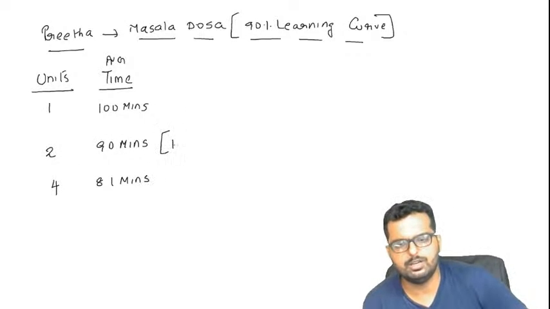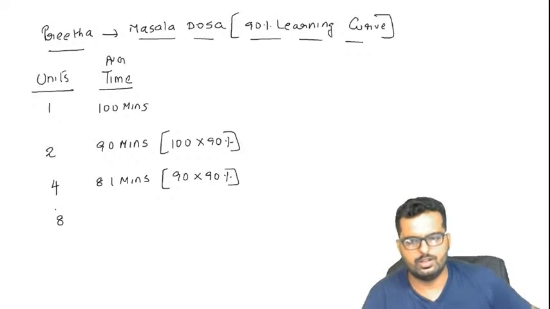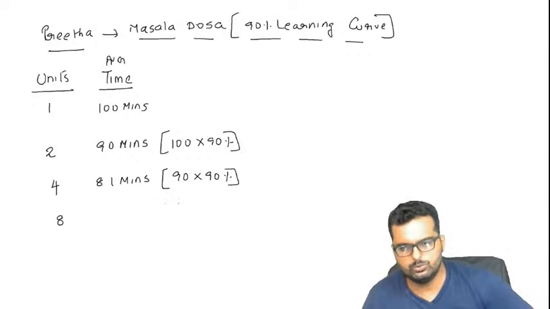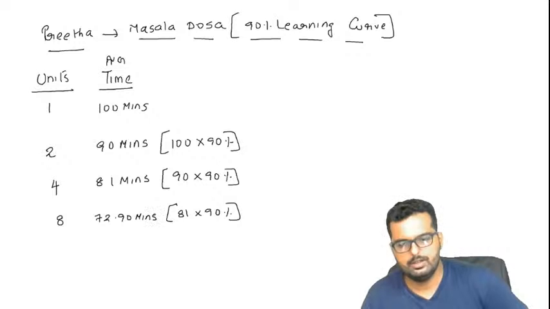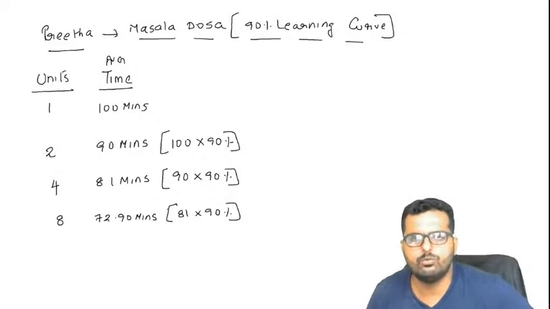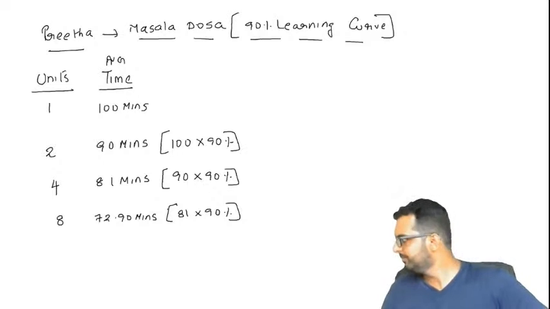How did I get this 90 minutes? 100 into 90%. 81 minutes is what? 90 into 90%. 8 masala dosas, it would be 81 into 90%. And it will go on like that. So do I get the answer as 72.90 minutes over here? Am I right? Can you write down this? This is what we call it as 90% learning curve.